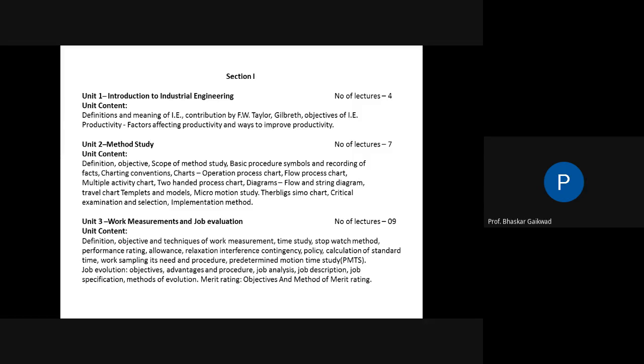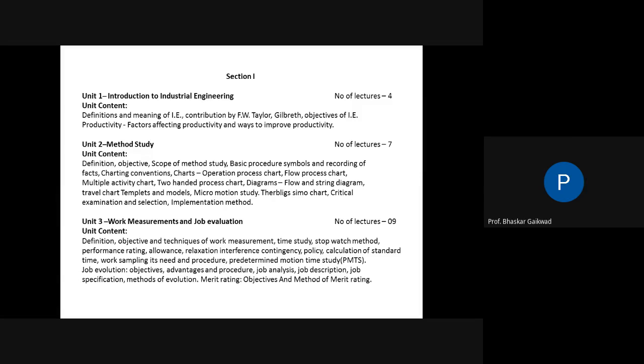After that, micro motion studies. Any workplace or workstation is there. Here, with the help of a camera, we can study the small activities in the assembly process, and find which are not important activities or idle activities that we have to reduce.